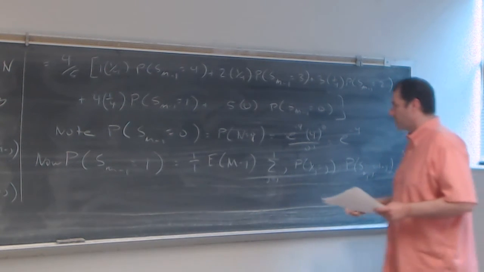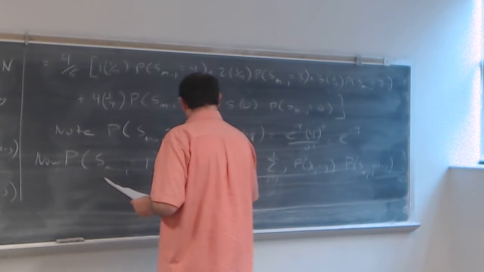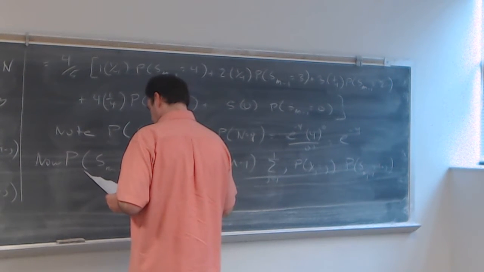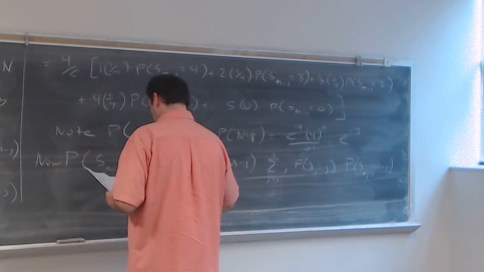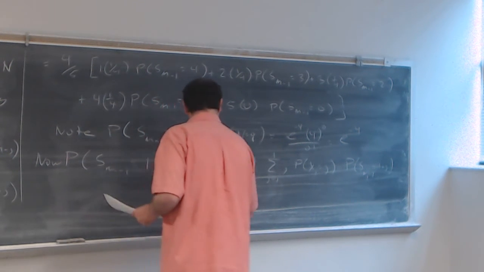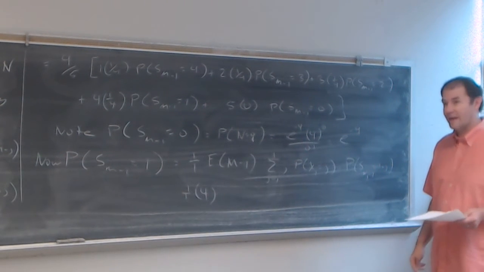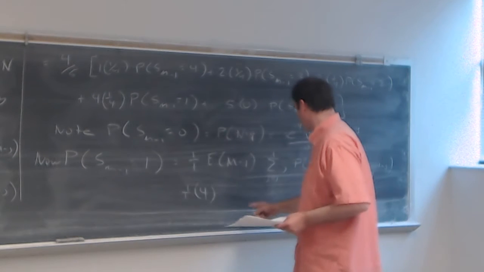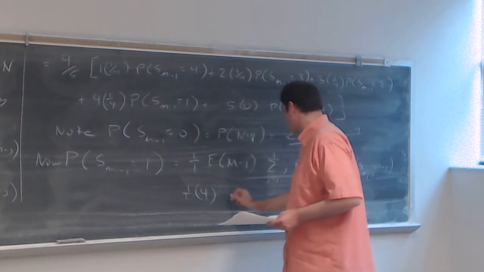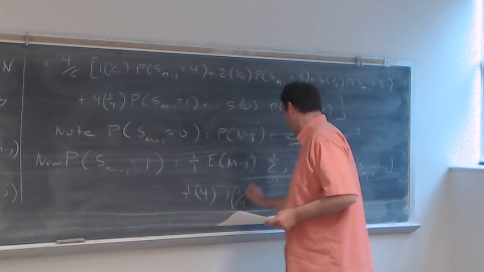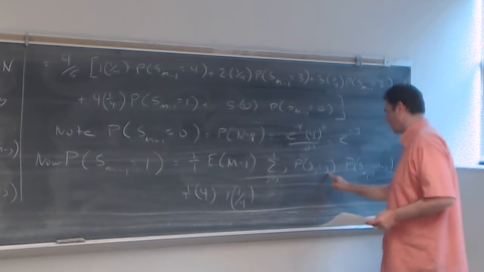Okay, now, this is 1 over 1. Here, this number right here is 4, by the fact that we had earlier last time. And then here, this is just going to be 1. There's only one term here. This is 1/4, the probability that X_1 is equal to 1.